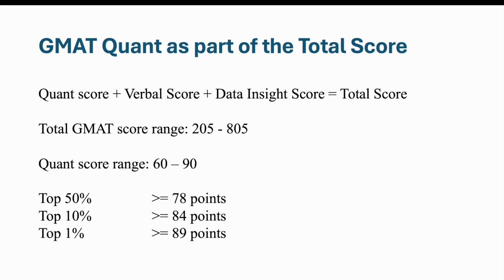So if you want to achieve top 10% in the GMAT overall, you should have a score of approximately 85-ish in the quant part to set you up for this. If you want to be even better, like top 1%, then you should have 89 or 90 points. You should be almost perfect here.